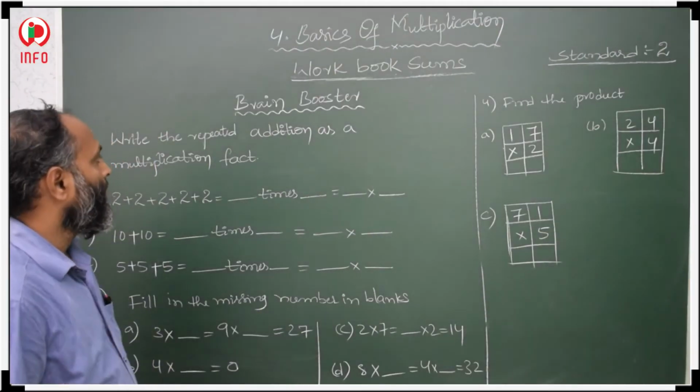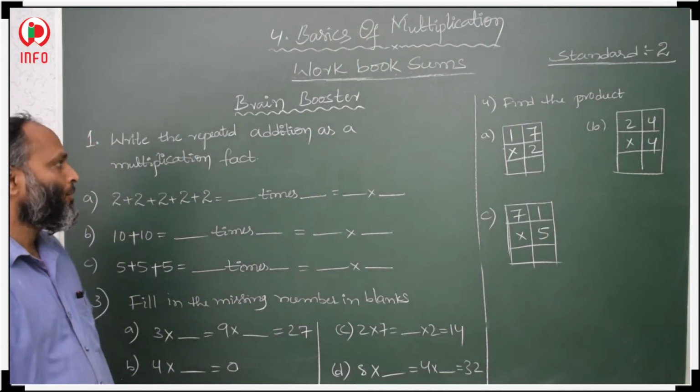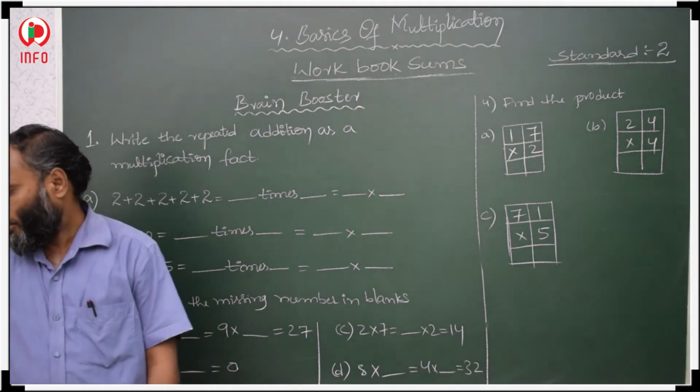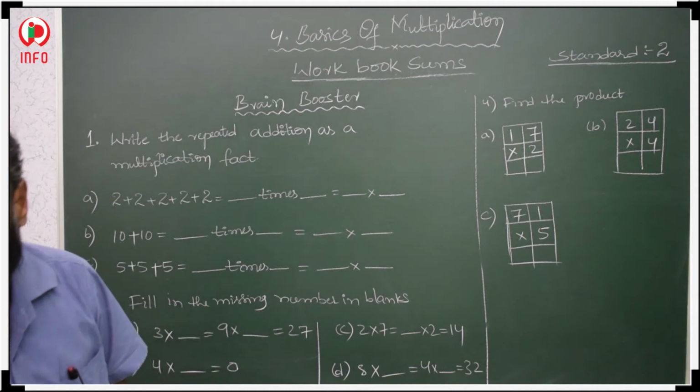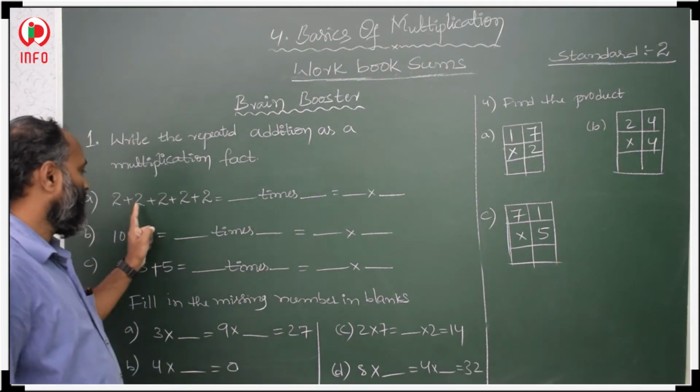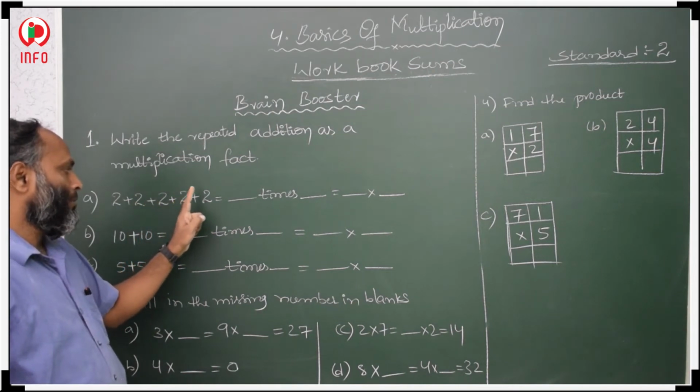Okay, now the brain booster. In this brain booster, first write the repeated addition of multiplication facts. Already we did all these facts, so again a recapitulation. 2 plus 2 plus 2 plus 2 plus 2.